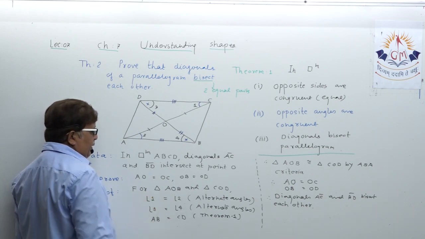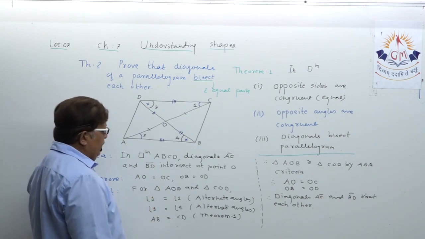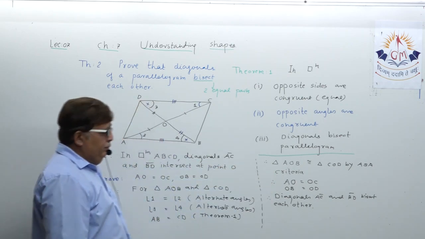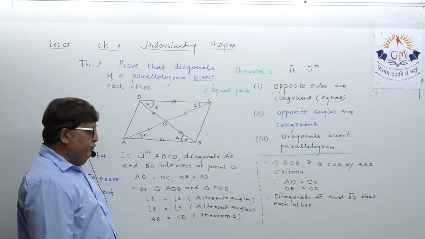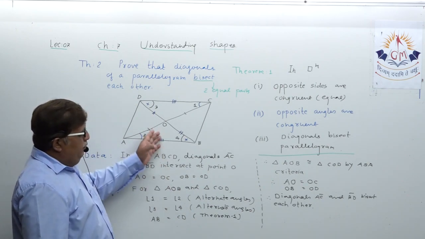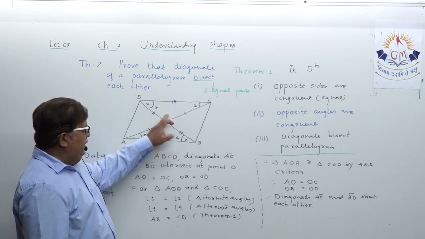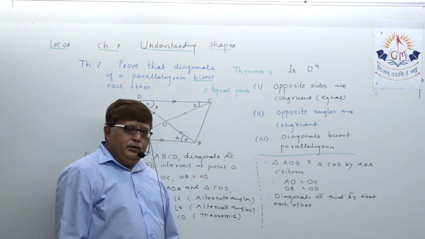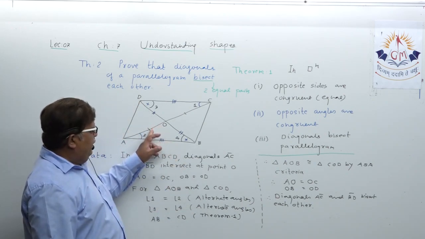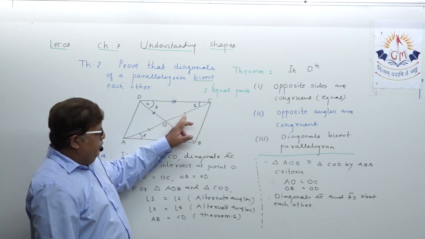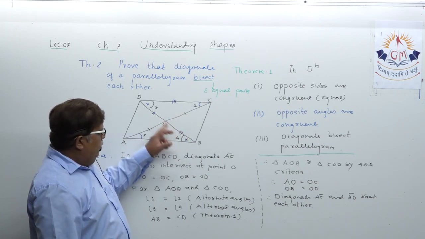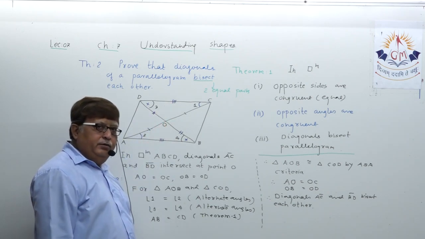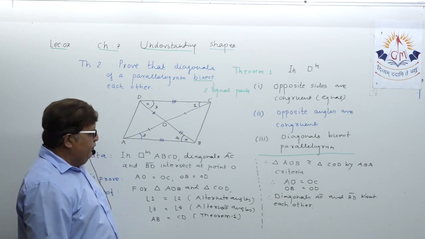That means by ASA, triangle AOB is congruent to triangle COD. Now when these two triangles are congruent, that simply means AO equal to OC, OB equal to OD, because they are corresponding sides of these two congruent triangles. Understand?